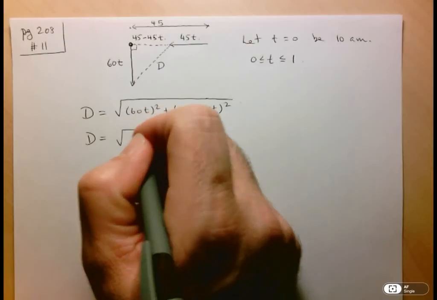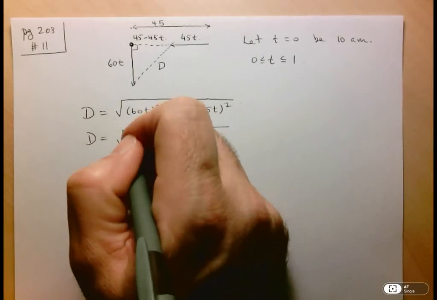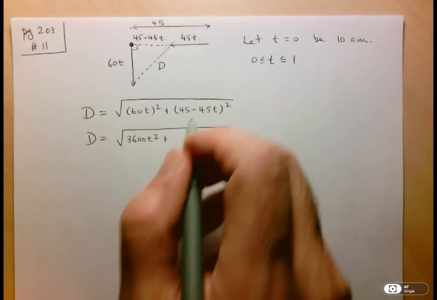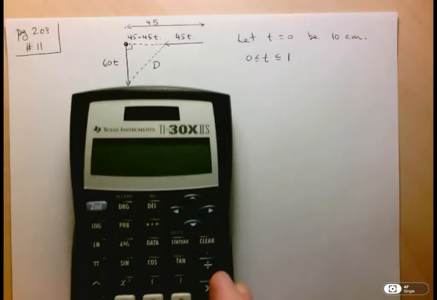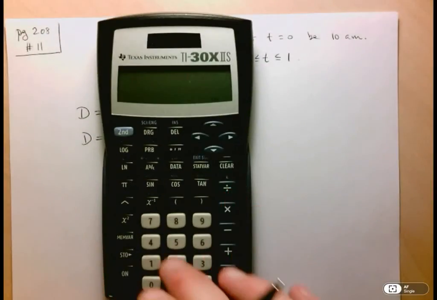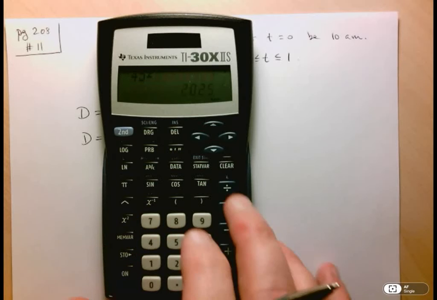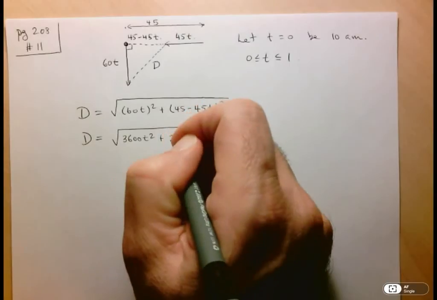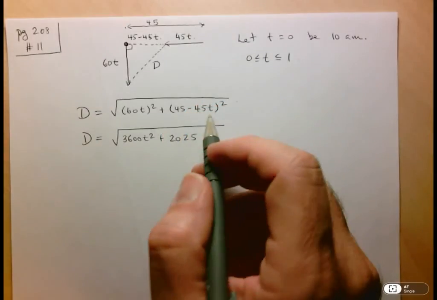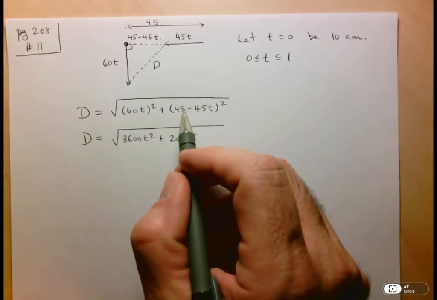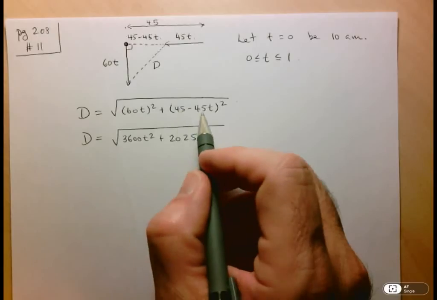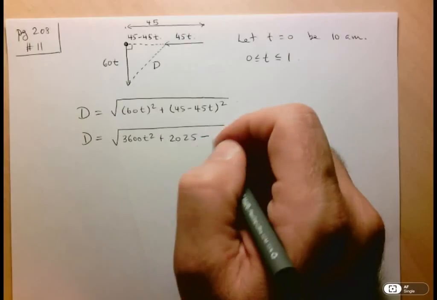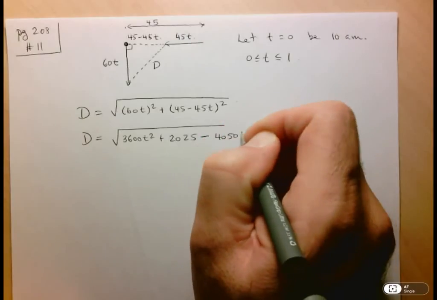Here we've got (60t) squared, so this is 3600t squared, plus we have to square this binomial. So let's just take a quick look here, 45 squared is 2025. Then we have to do twice the product of first and last. 45 times 45 is 2025, times 2 is going to be 4050t.